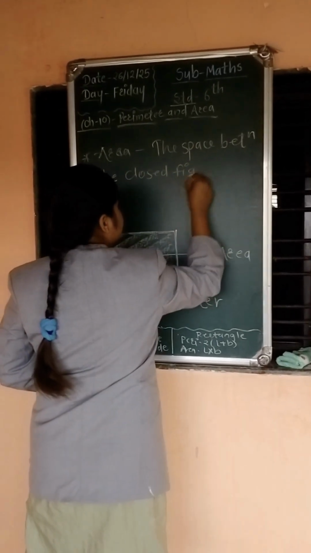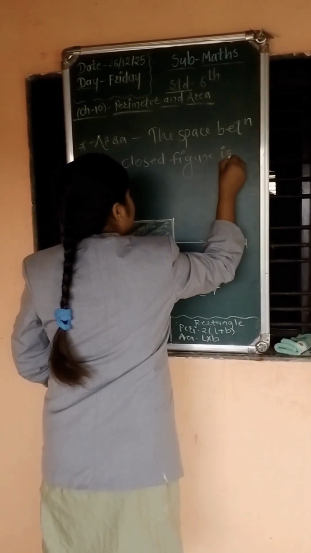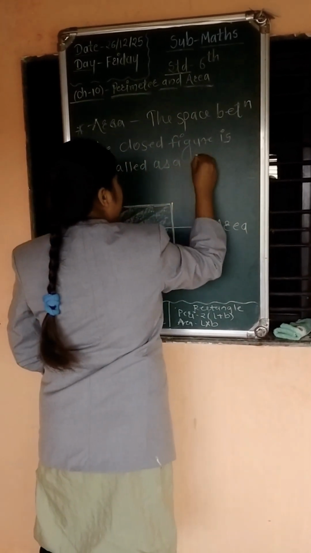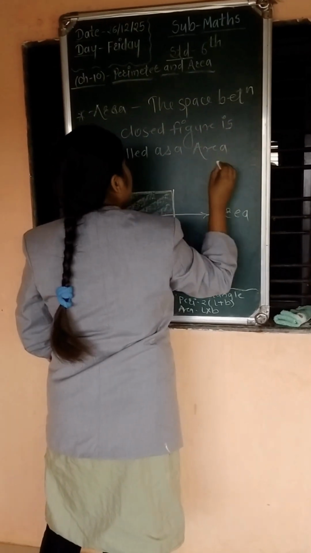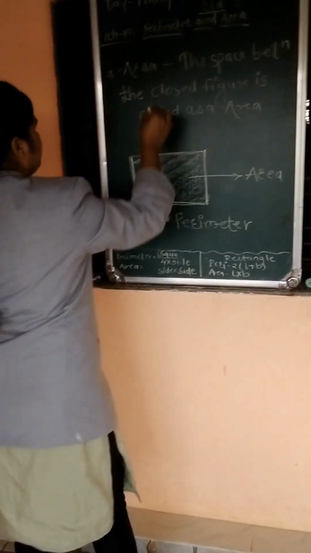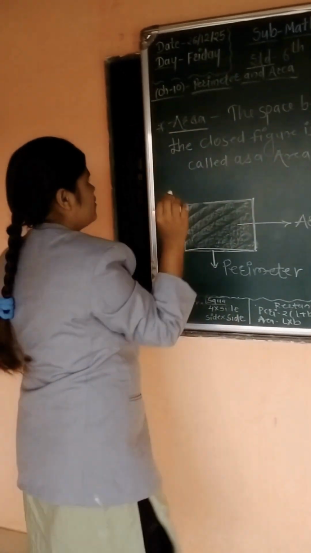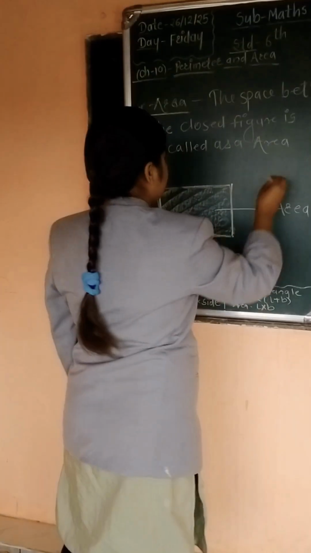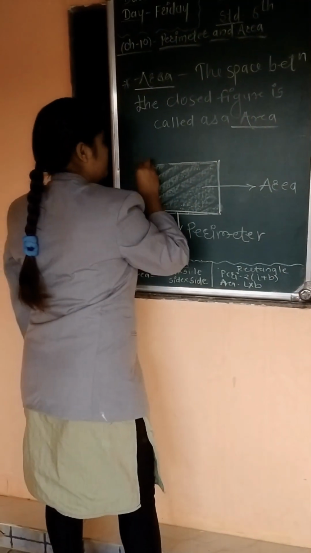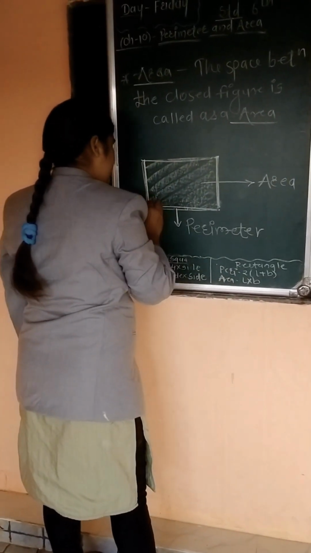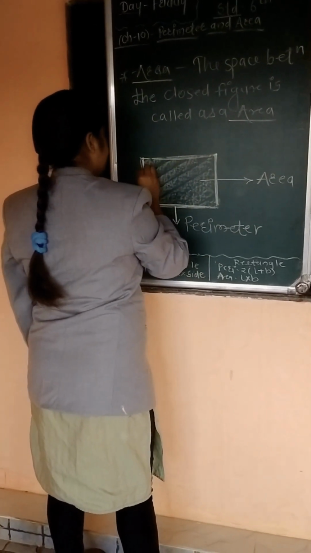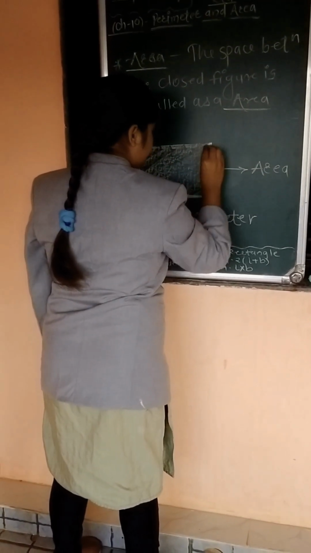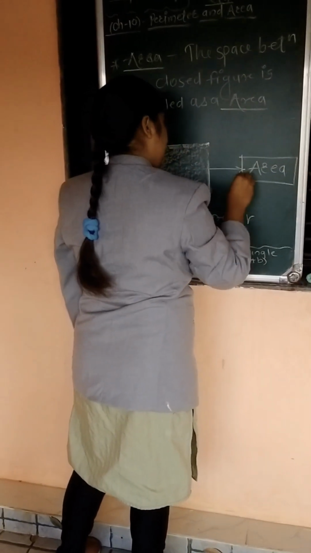The space inside the closed figure is called the area of a square or rectangle, whatever. So this is the definition of area. Do you understand that the space inside the closed figure is called the area? Here you can see that the area of this rectangle, the space inside this closed figure, is called the area.